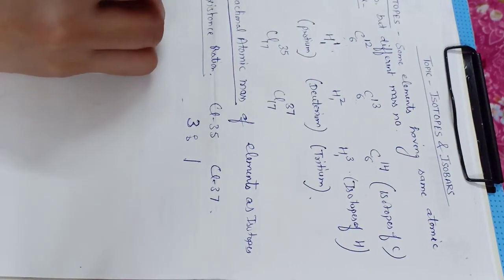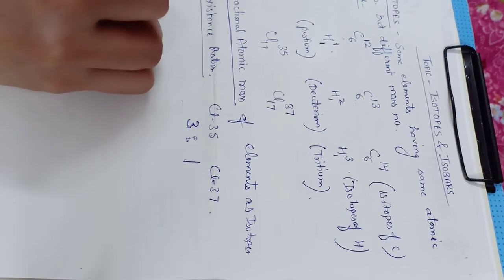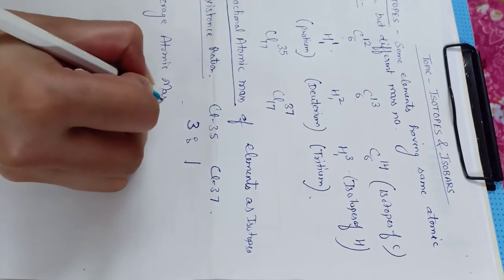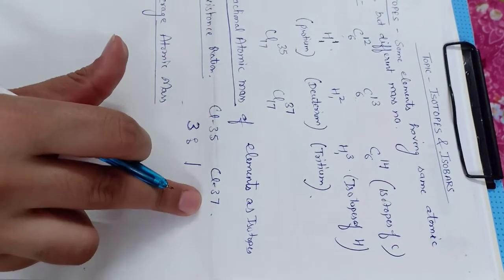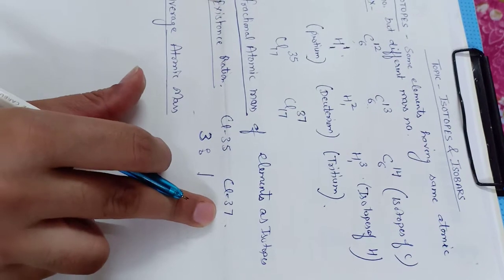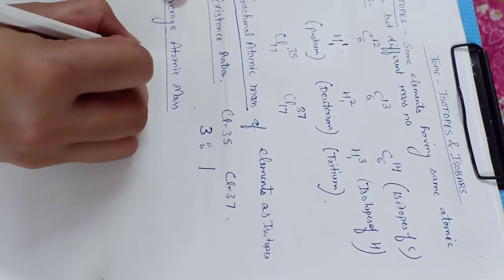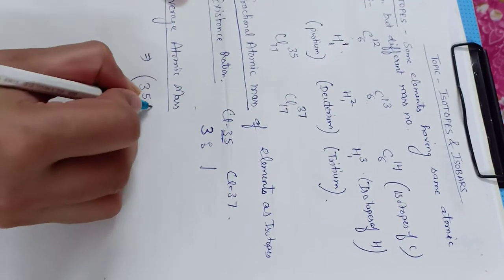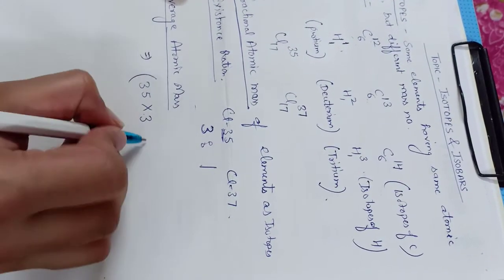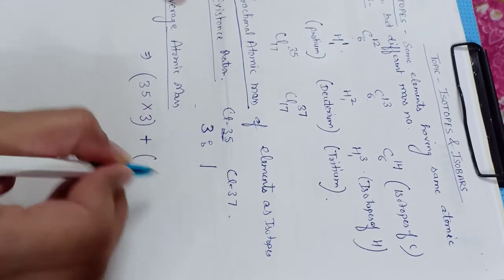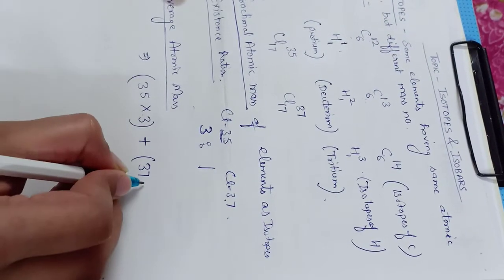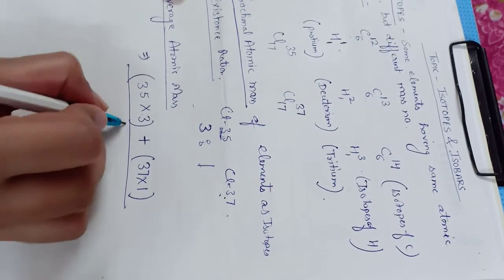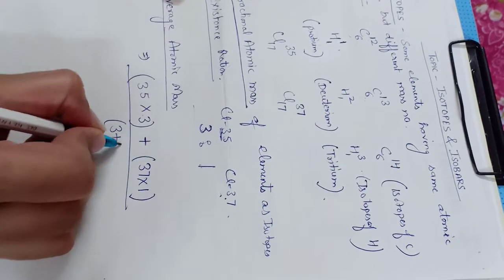So how can we calculate the average atomic mass, or fractional atomic mass, of atoms which exist in isotopic form? For this we take the atomic mass of the particular isotope multiplied by its fractional ratio, plus atomic mass 37 multiplied by 1, divided by the ratio 3 plus 1.